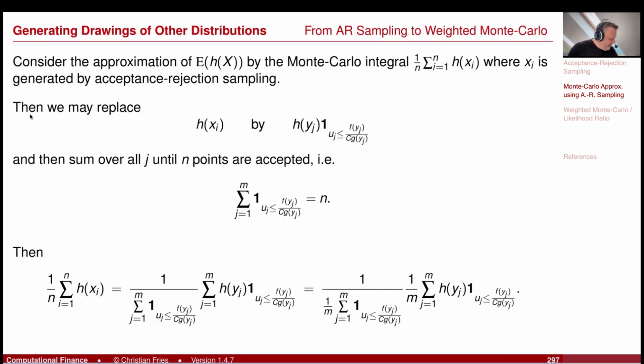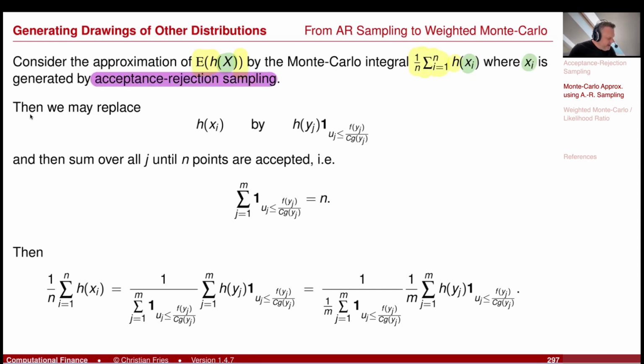My application is that I would like to calculate the expectation of a function h applied to my random variable X, the f distributed random variable X. My Monte-Carlo integral is to take the sum over all function evaluations h of xi, where the xi are the drawings, and average the result. Now let's assume that xi is generated with acceptance rejection sampling.